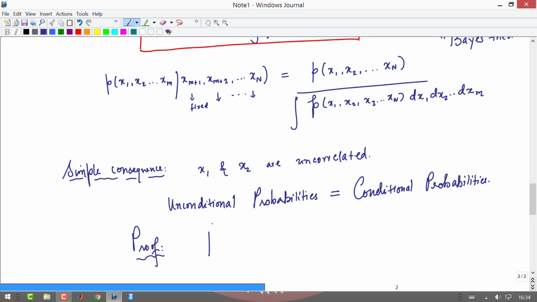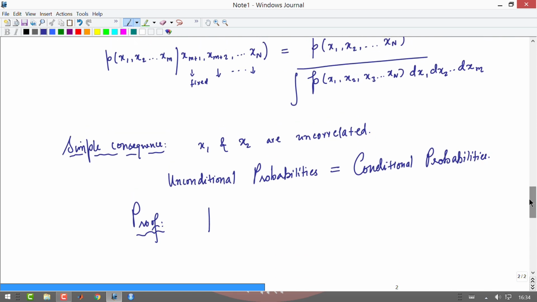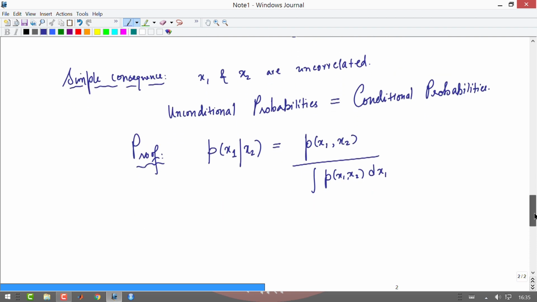So if I write down the conditional probability, it would simply be the probability of finding x1 when x2 has been fixed to some value, and this would be given as the joint probability density divided by integration of the joint probability density over all values of x1.